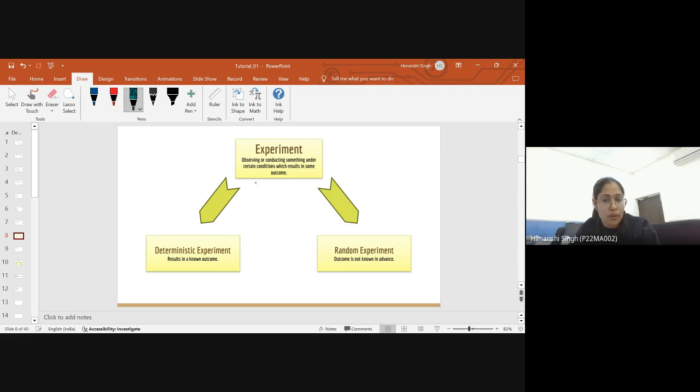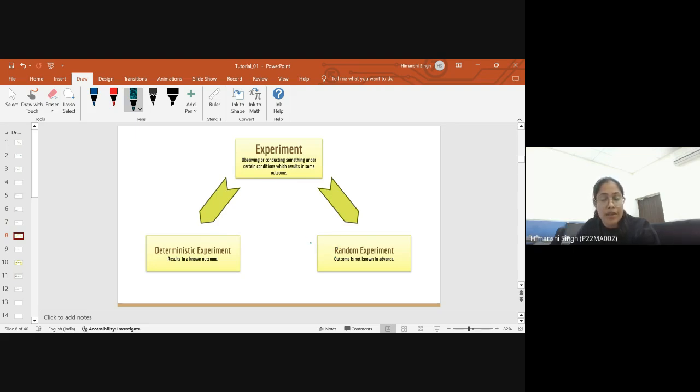An experiment is of two types: it can be a deterministic experiment or a random experiment. A deterministic experiment is an experiment where the result or the outcome is known in advance. So we know what the outcome will be. But when the outcome is not known in advance, then the experiment is known to be a random experiment.